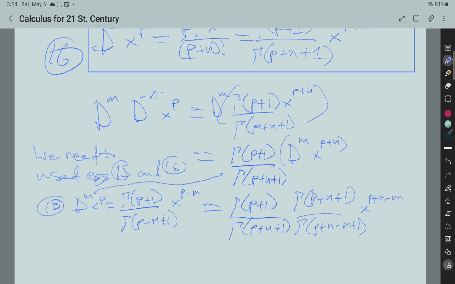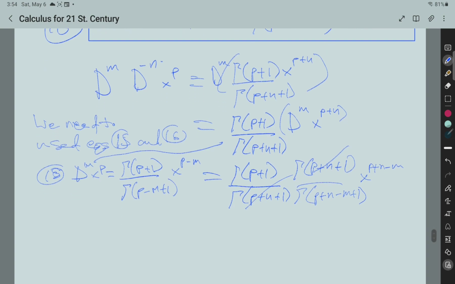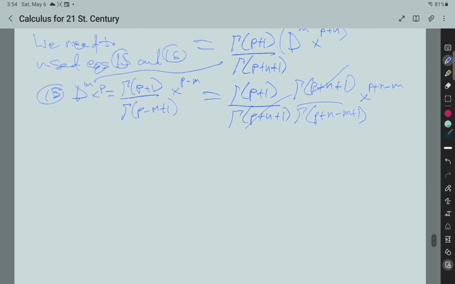Okay. Whew. All right, so you see here, this gamma function cancels this gamma function, and so we are left with x to the p plus n minus m.